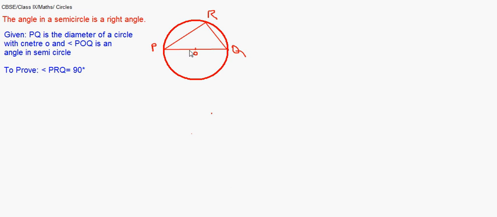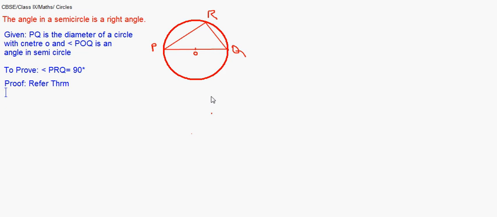We know from the previous session and the theorems that the angle subtended by an arc of a circle at its center is twice the angle drawn on the remaining part of the circle. That means this angle POQ is twice angle PRQ. I can write: refer theorem.